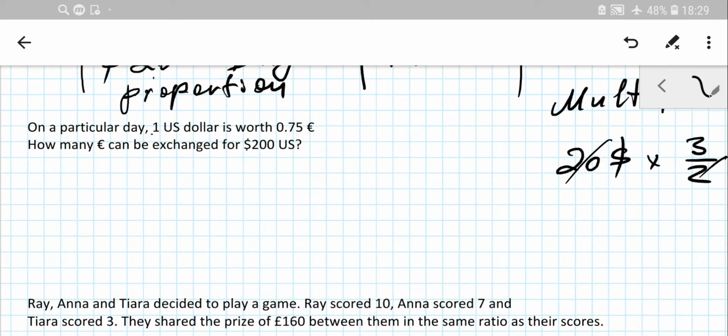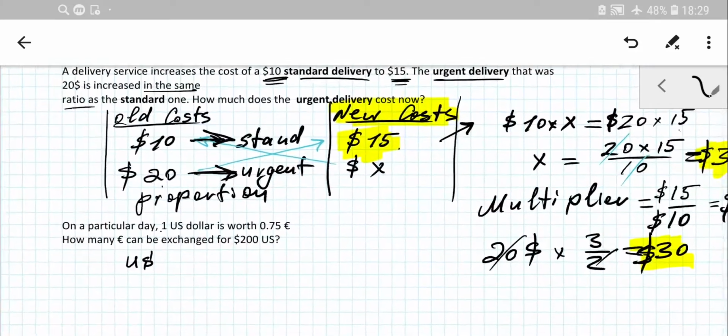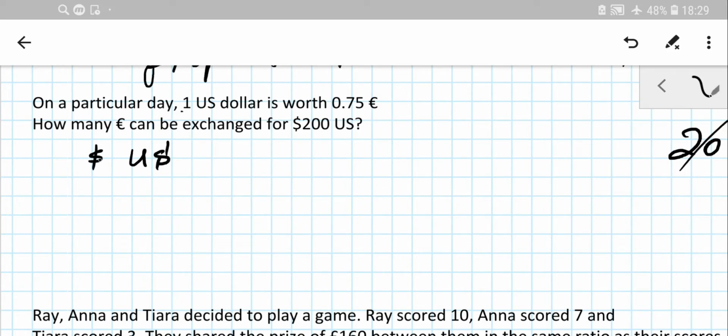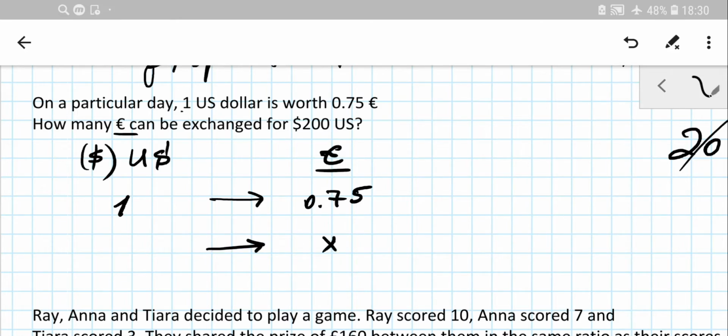Instead of old cost and new cost, we have US dollars, and then you convert into euros. You know that for $1 you can get 0.75 euros. So how many euros, an unknown value x, can be exchanged for 200 US? So here you have 200 US.